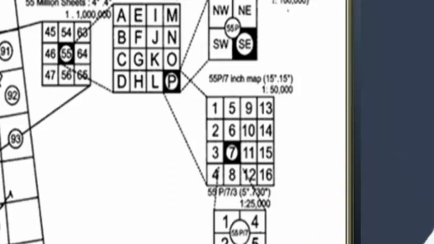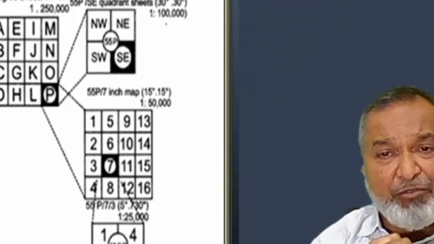Again, the quadrants are given numbers, 1, 2, 3, 4, not more than that. Everywhere there will be 4 by 4 quadrants, numbered up to 16. So I have taken 55P7. That is one option.